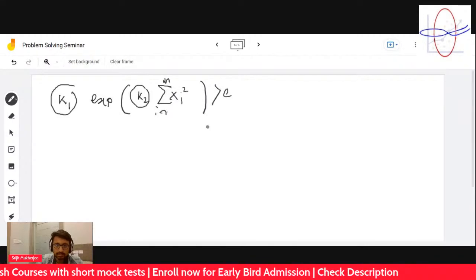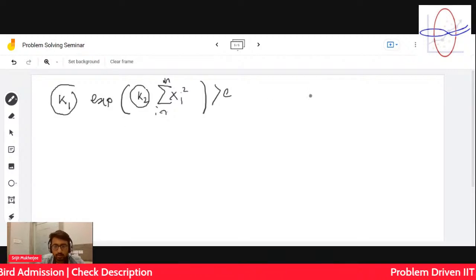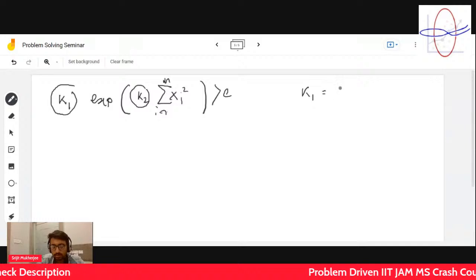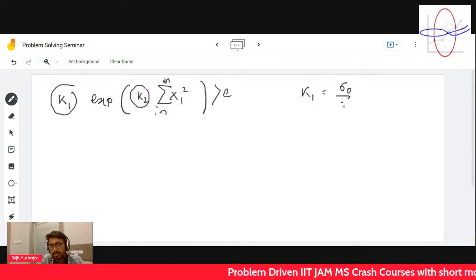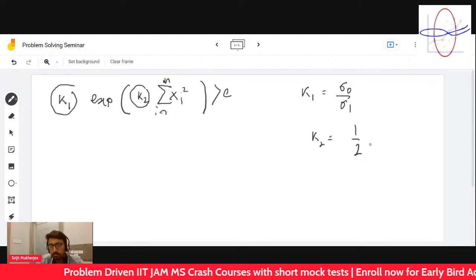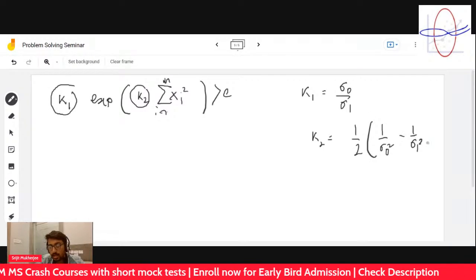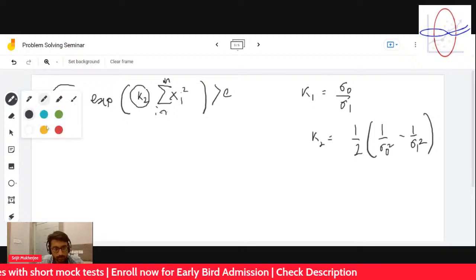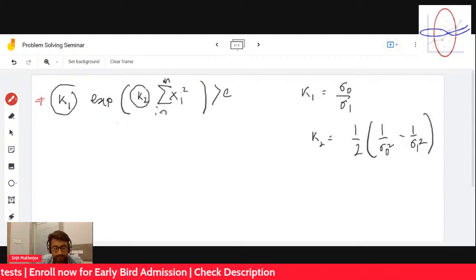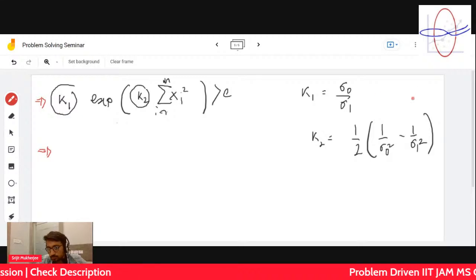Write the constants like this. It's really helpful in your mathematical calculations, guys. Here k1 is nothing but sigma naught by sigma 1, and k2 is nothing but half times 1 by sigma naught square minus 1 by sigma 1 square. Why I've written it like this, you will understand slowly. So now this is a rejection region, and observe that k2 is greater than 0.